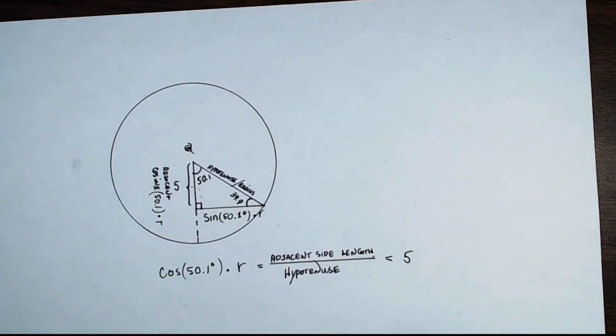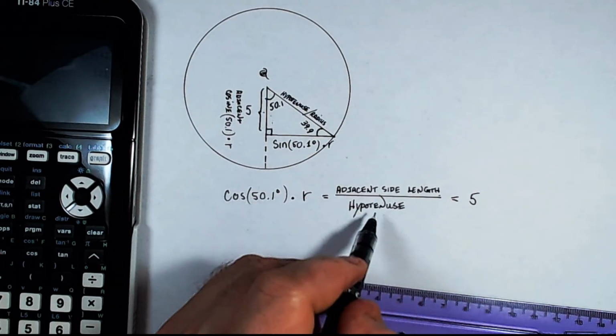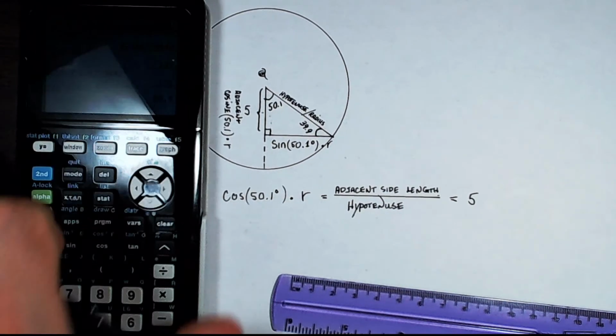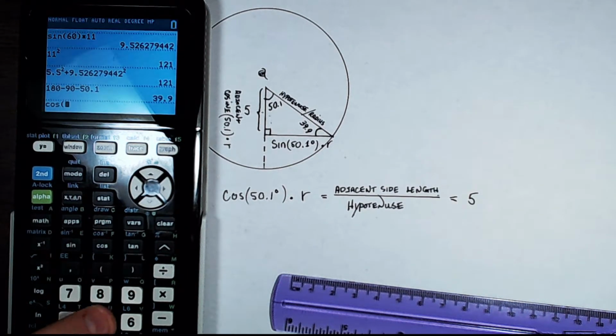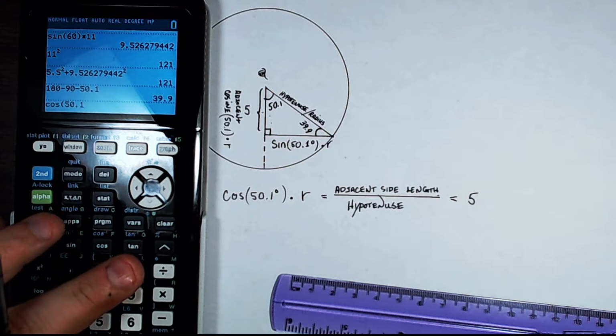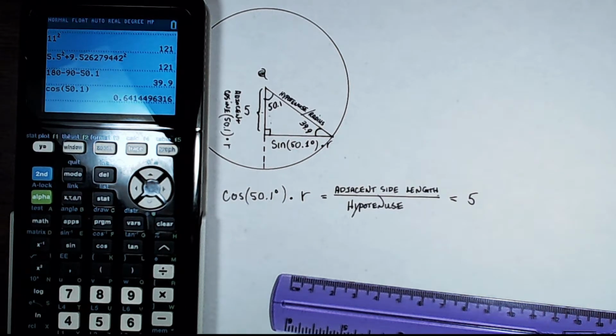Okay, that's the key point, that it's equal to 5. This might actually be wrong. I don't know. I'm going to leave it, flag it, and comment on it later. Let me take the cosine of 50.1 in degree mode, and see what we get. We get 0.641.